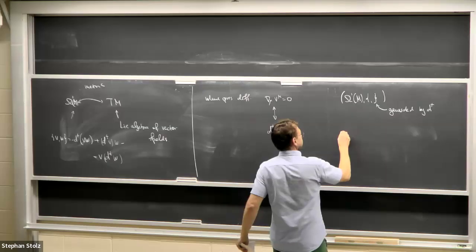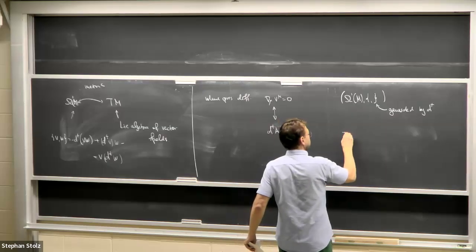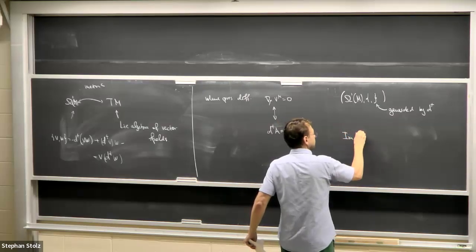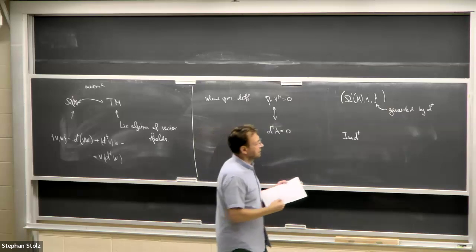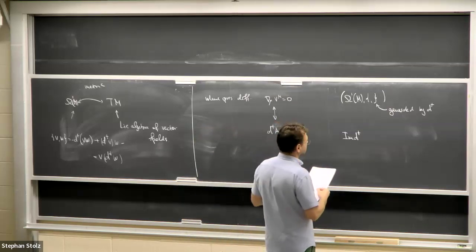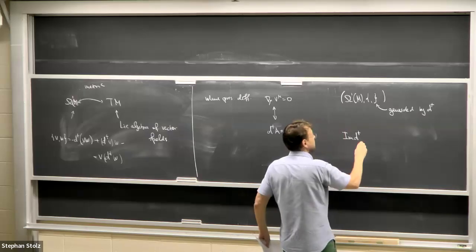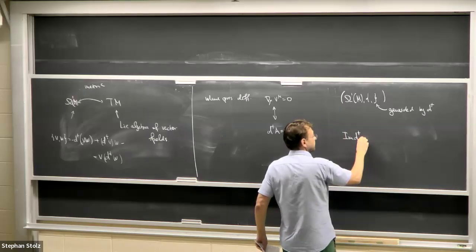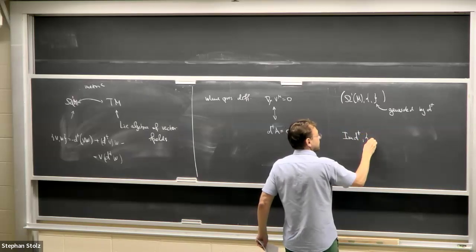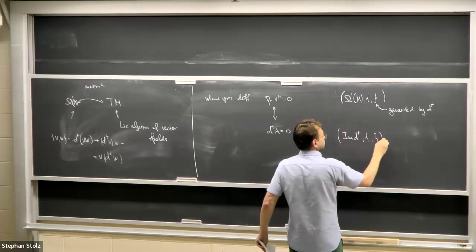So I have, moreover, the image of the dagger. Well, it's a kernel, but it's the same as the image in R3. So I will have another subalgebra.